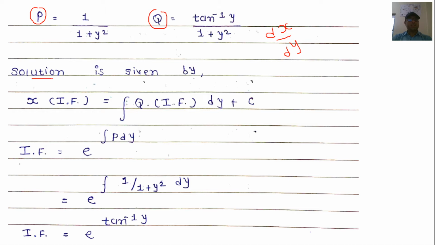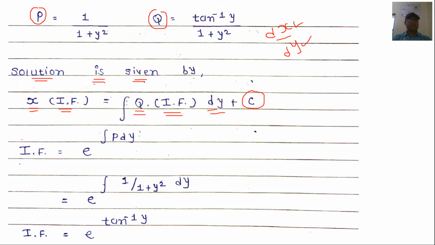Hence the solution is given by, remember here it is dx upon dy, so the solution is given by x into integrating factor is equal to integration q into integrating factor, where integration is with respect to dy because differentiation is with respect to dy, plus c, where c is an arbitrary constant.